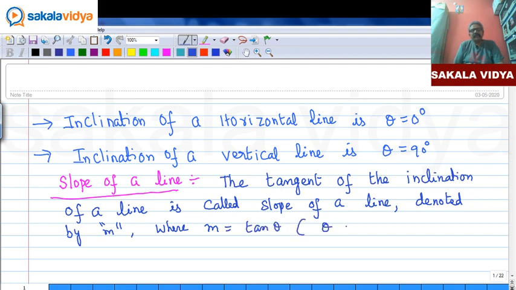Here theta is the inclination of a line. So, now we can write some important points here.